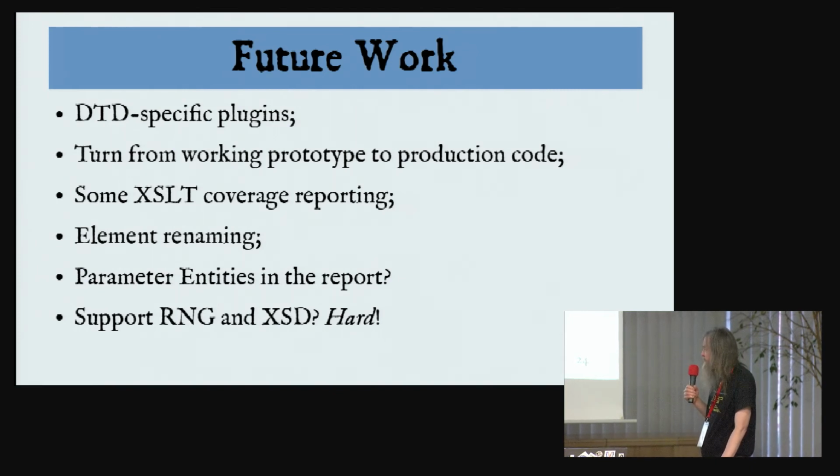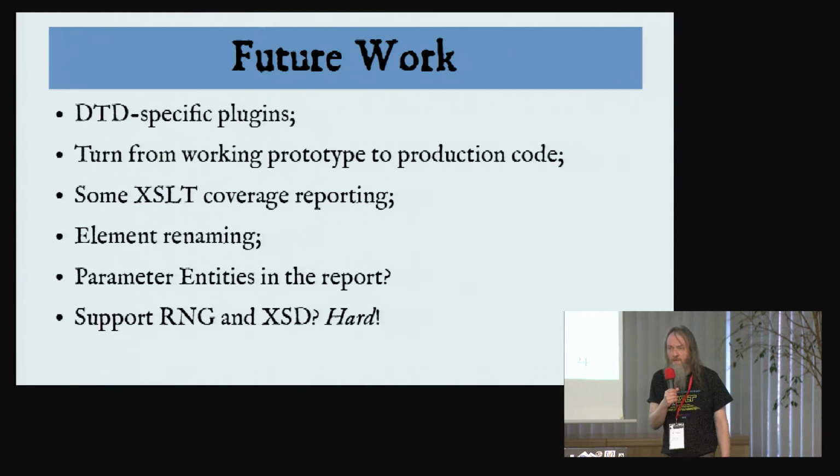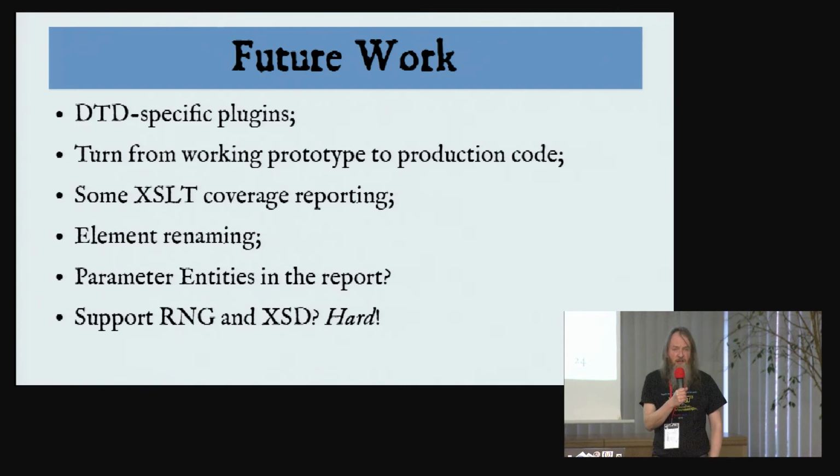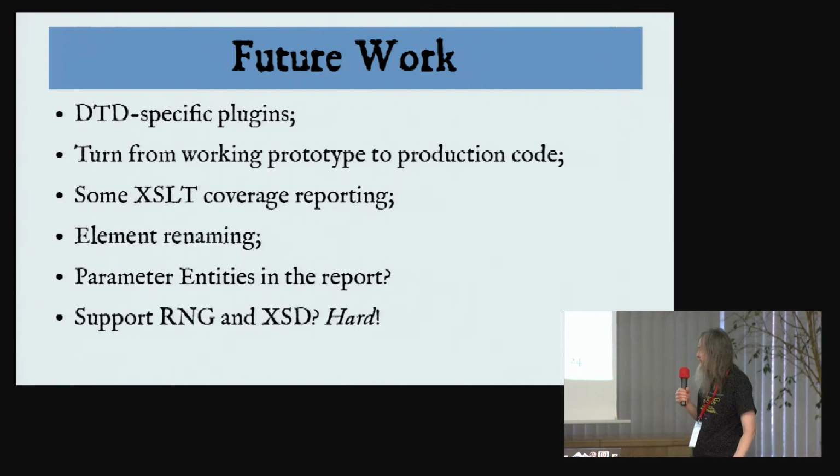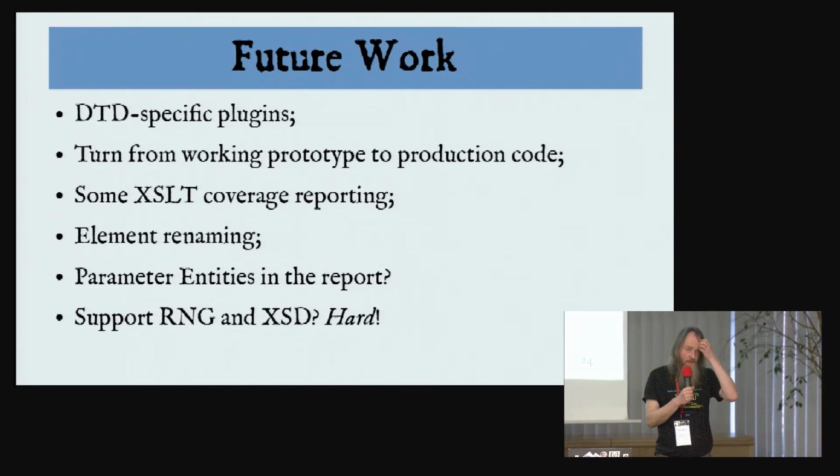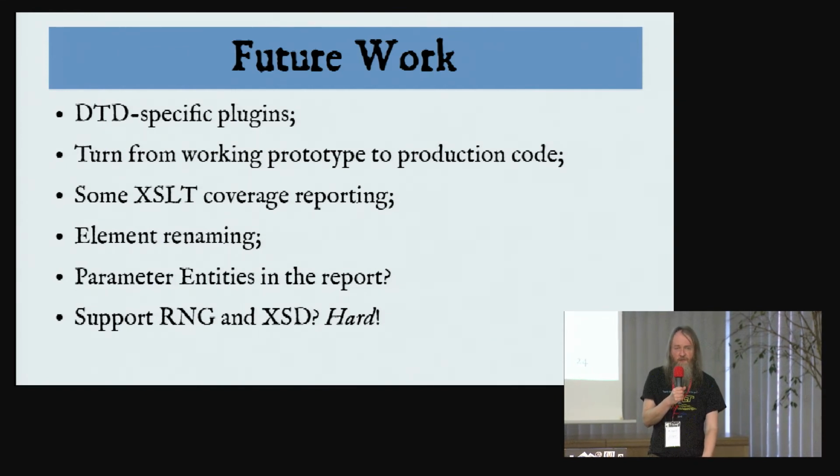Some people have asked for parameter entities in the report, to see a version of the content model with the parameter entities as well as the expanded one. Supporting different schema formats. XSD is particularly hard. There are some fairly hard things about interleaving in RNG, I think, but it should all be doable.